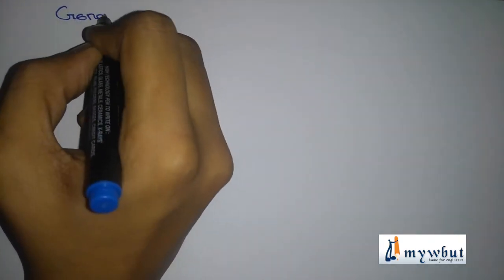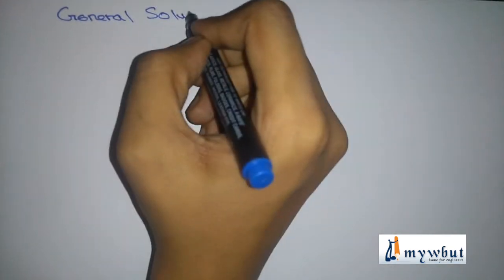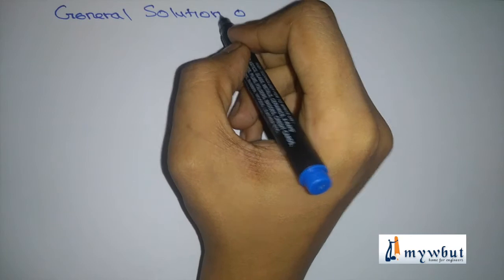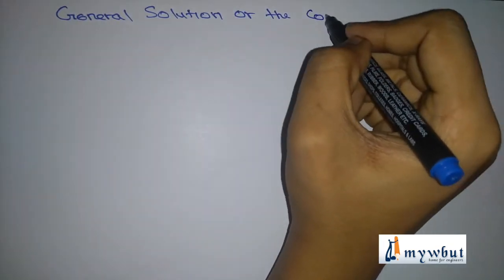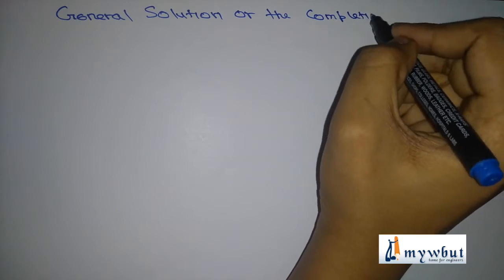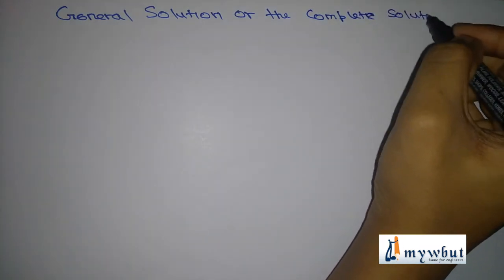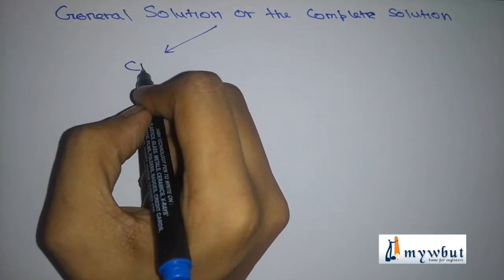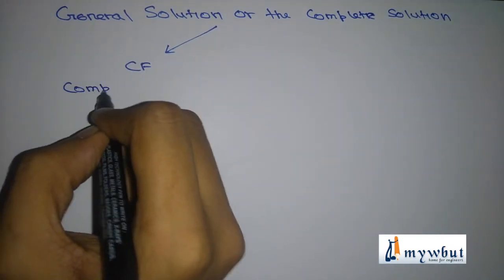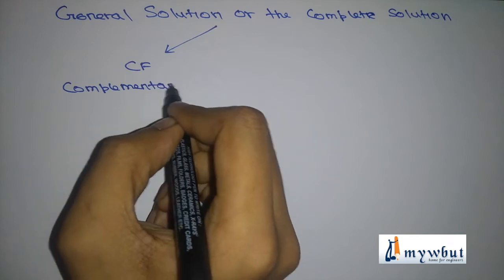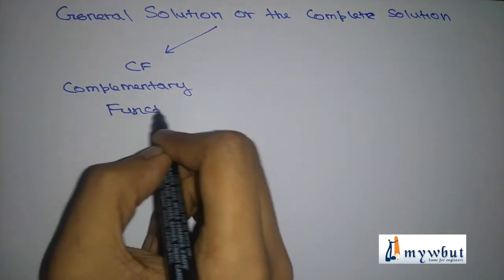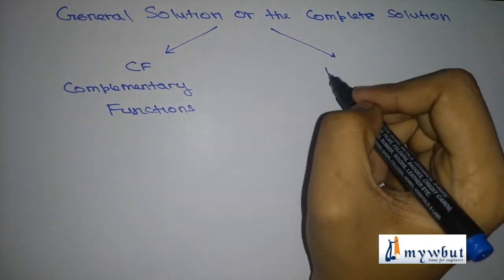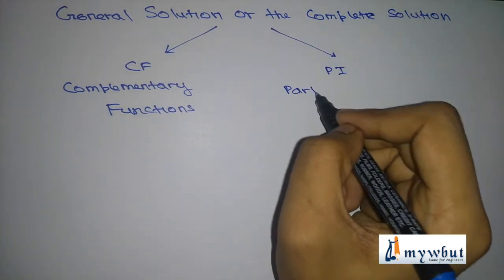This is an important formula that you need to remember. For a linear ordinary differential equation, the general solution or the complete solution has two parts, that is the CF or the complementary function and the PI, that is the particular integral.